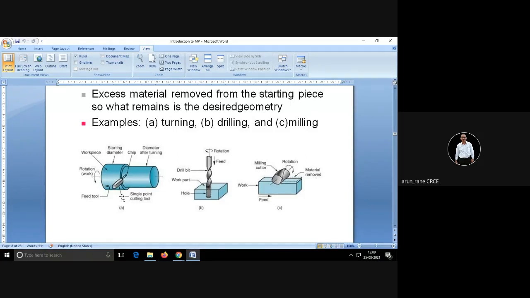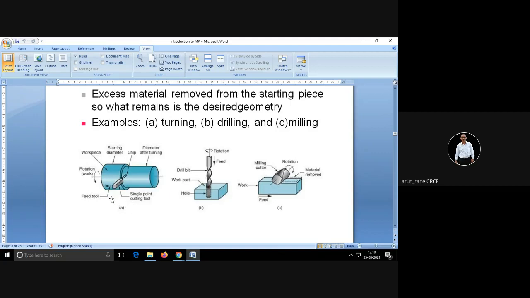This is what is called the feed. The unit of feed is millimeter per revolution or millimeter per minute. It is nothing but velocity only. The unit of velocity is meter per second, but here we express it in millimeter per revolution or millimeter per minute.